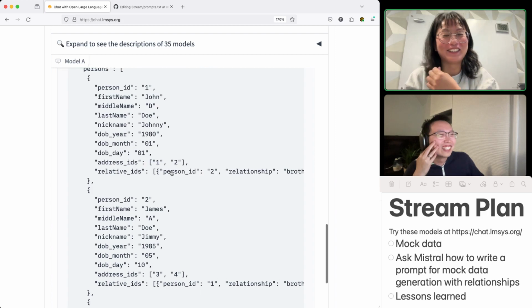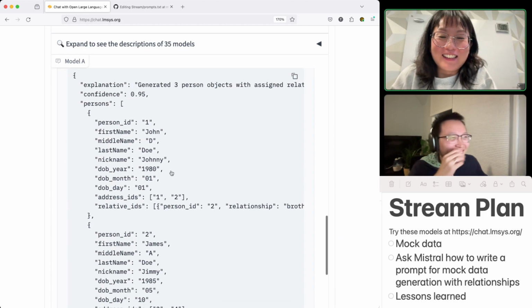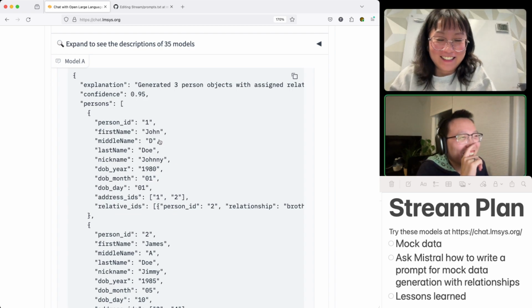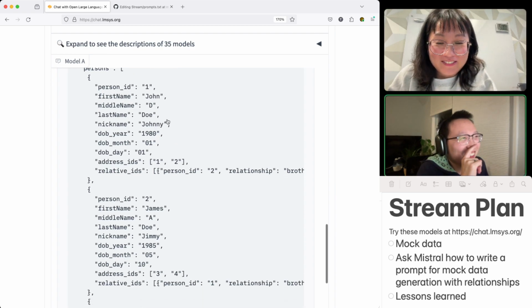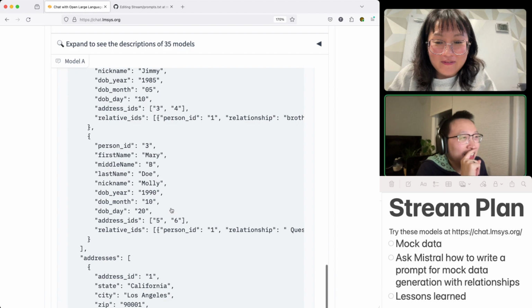Oh my god, it's asking me a question, it's so concise. Hold on a second. Okay, all right. Let's double check. So we have John Doe and James Doe, different birthdays. They're brothers. And then there's Mary Doe.